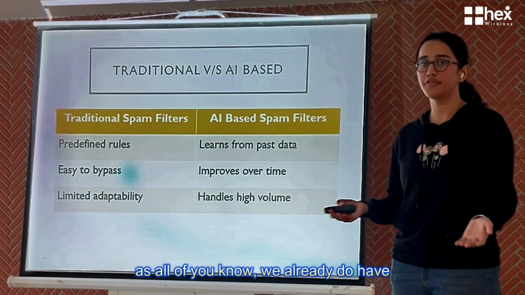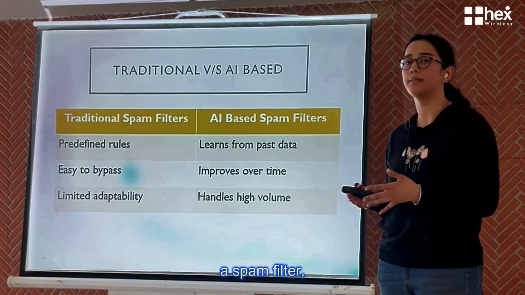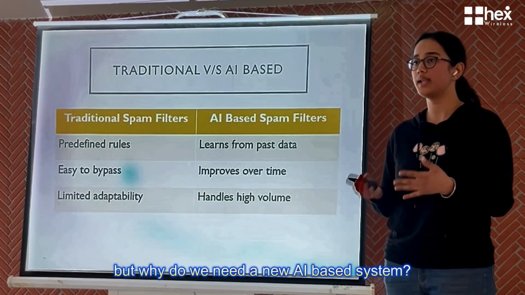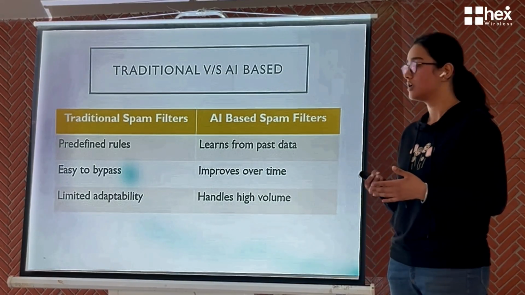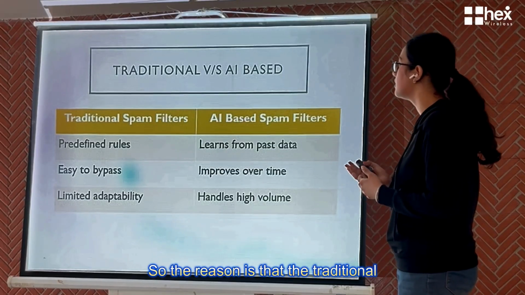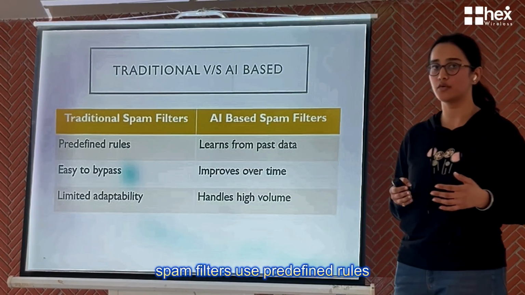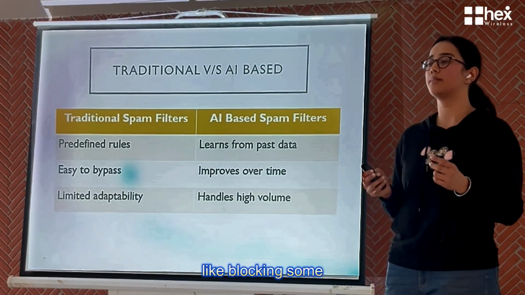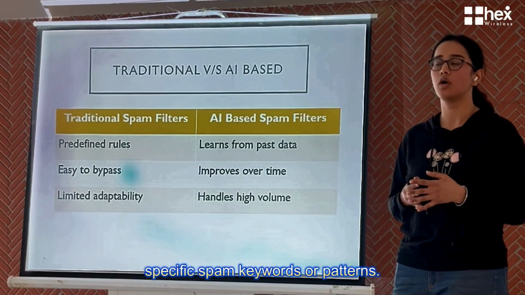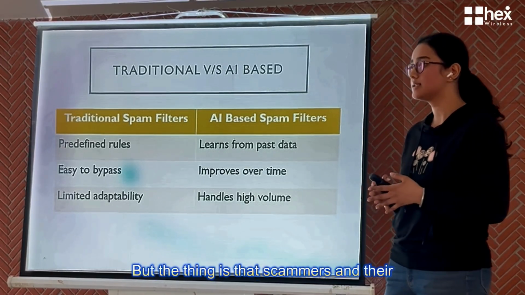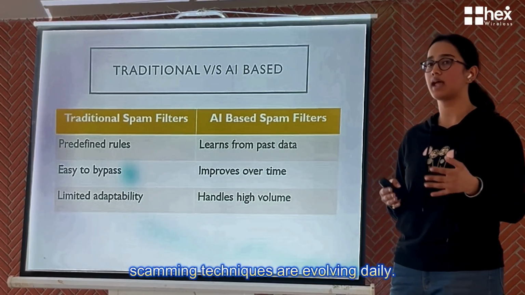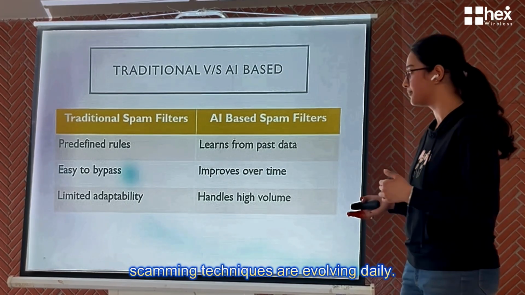Now, as all of you know, we already do have a spam filter, but why do we need a new AI-based system? The reason is that traditional spam filters use predefined rules, like blocking some specific spam keywords or patterns. But scammers and their scamming techniques are evolving daily.